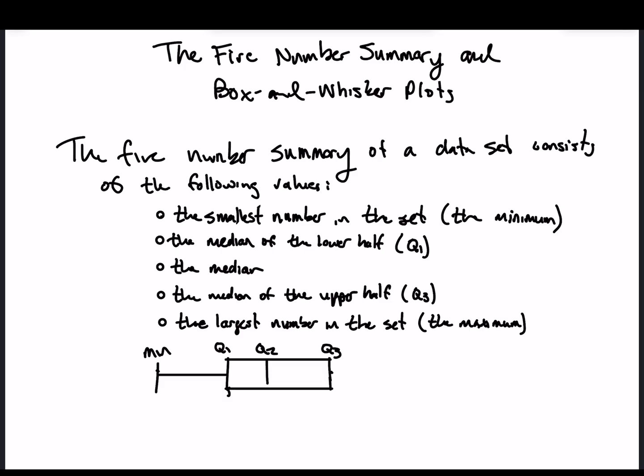And then we have a line that goes out to the maximum. So there are our 5 numbers, and that creates the box and whisker plot. Now, it's not always going to look symmetric or perfect, and this one doesn't look perfect, but it wouldn't always look.